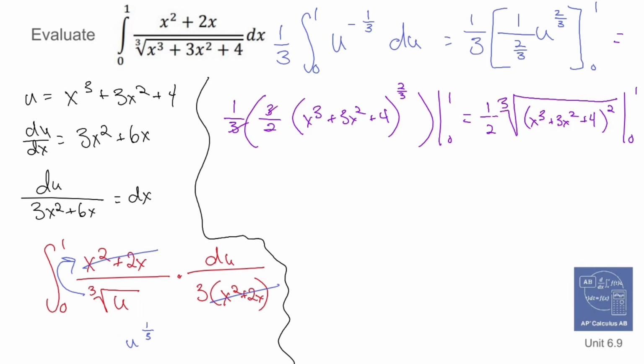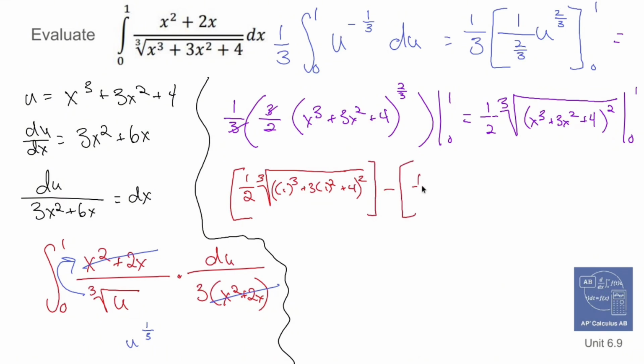All right, so time to do some gross math. Plugging in my limits is going to be 1/2 cube root of 1 cubed plus 3 times 1 squared plus 4, all of that squared, minus 1/2 times the cube root of 0 cubed plus 3 times 0 squared plus 4, and then close all of that.